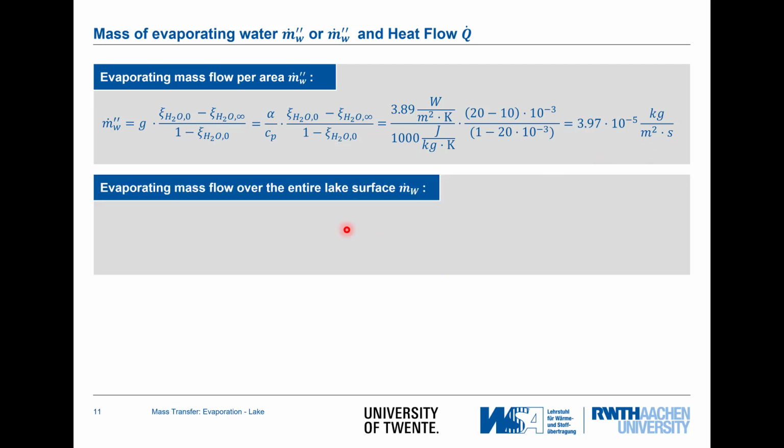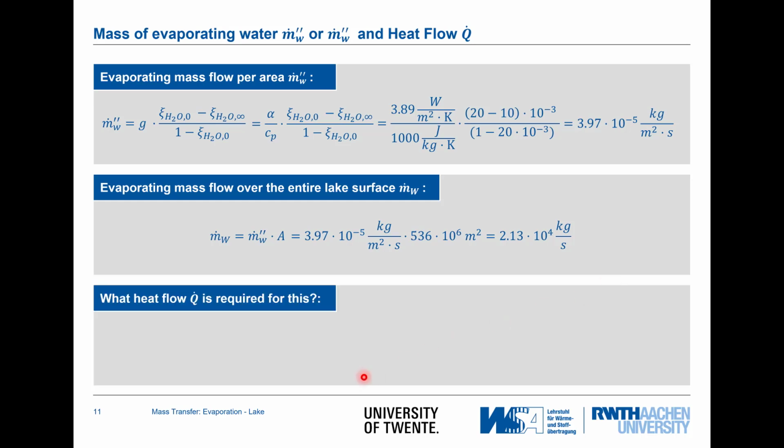Now, if you take into account the surface area, the entire mass flow rate is the area specific times the area. The area is 536 square kilometers, and if you put in this large number, we end up with 21,000 kilograms per second, or 21 tons per second over this large lake.